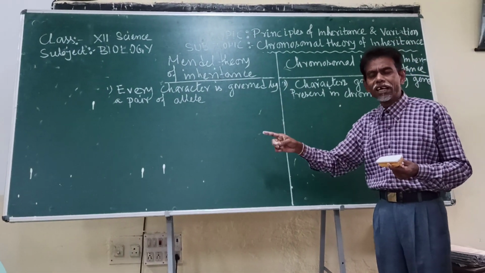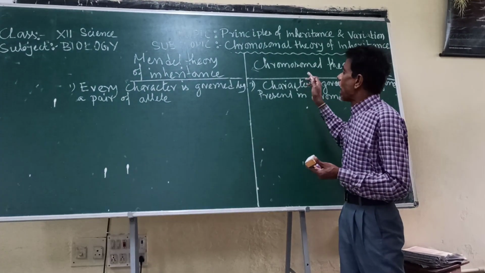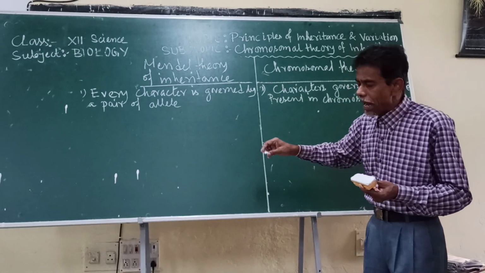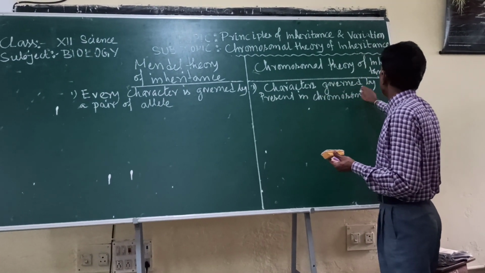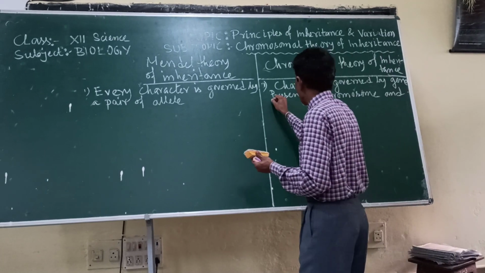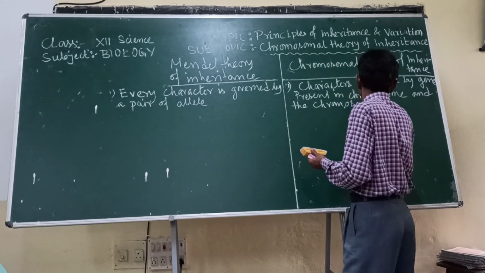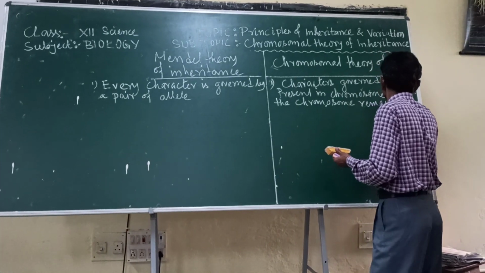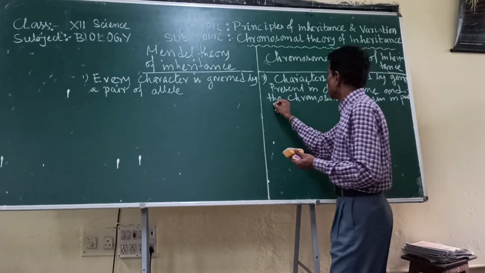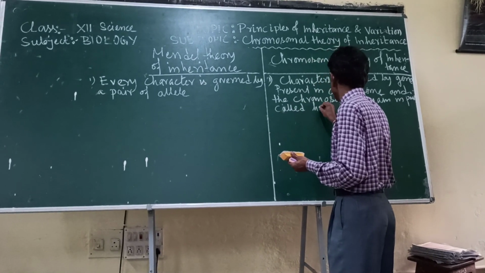Same thing as Mendel said, Sutton and Boveri said that these chromosomes carrying the genes are responsible for carrying the trait, and the chromosomes remain in pairs called homologs or homologous chromosomes.